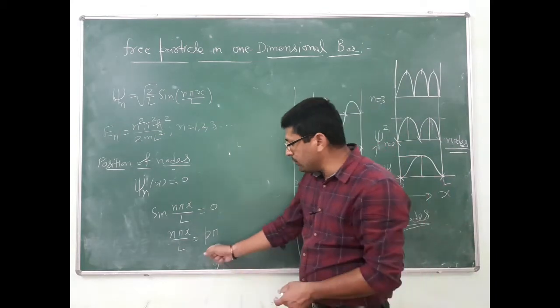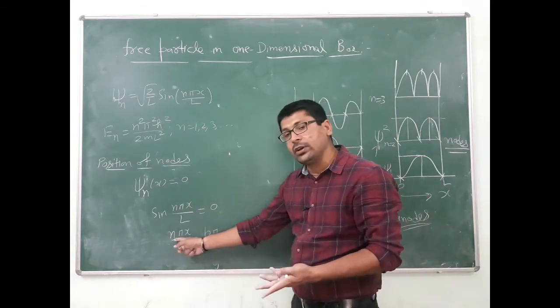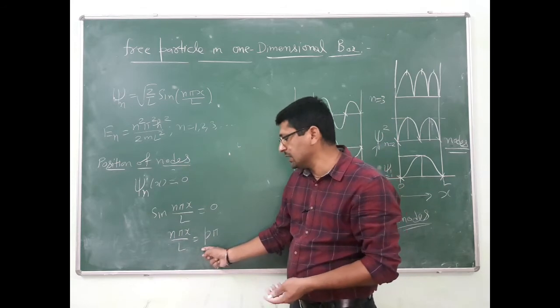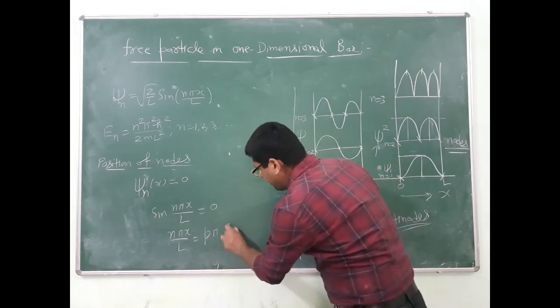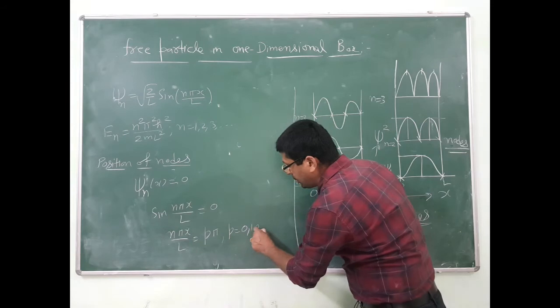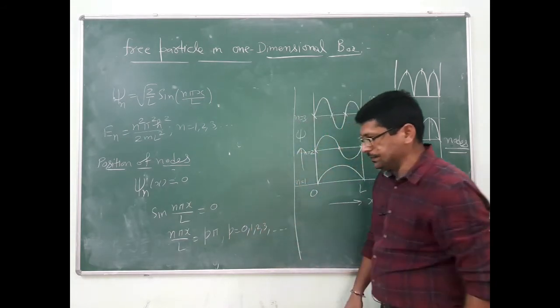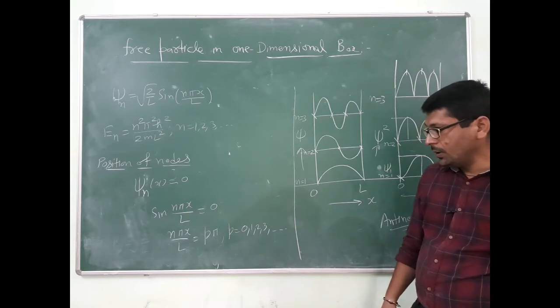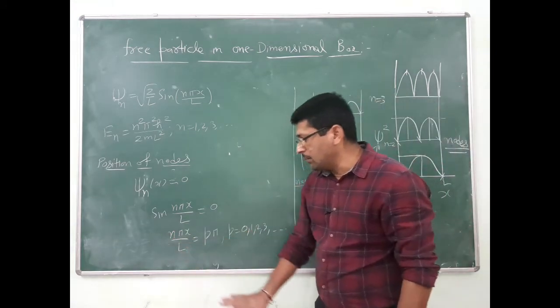Here we have used another integer, because n we already used, so we will use some other integer, say p, where p can vary from 0, 1, 2, 3 and so on. For all these values this sine function will become 0.